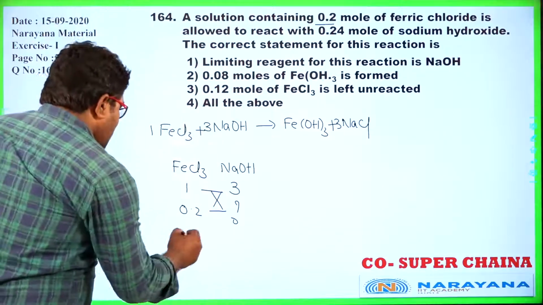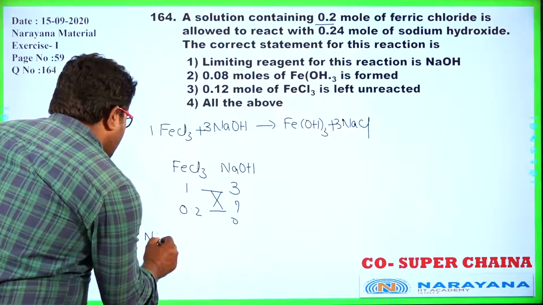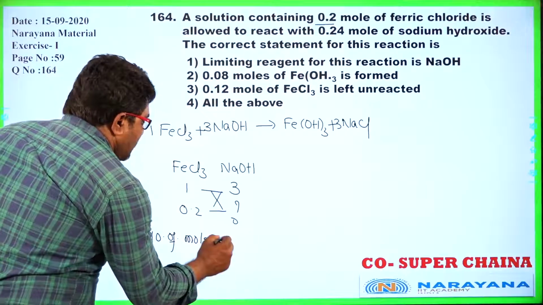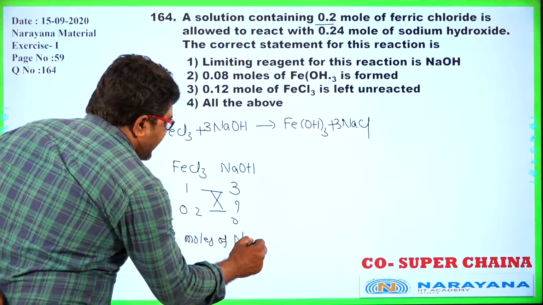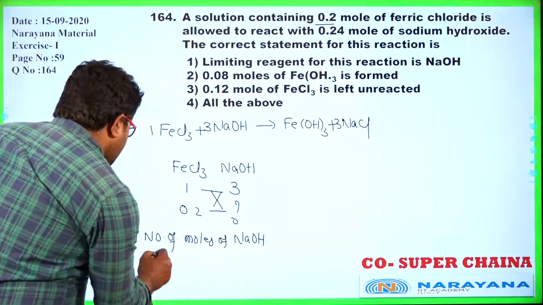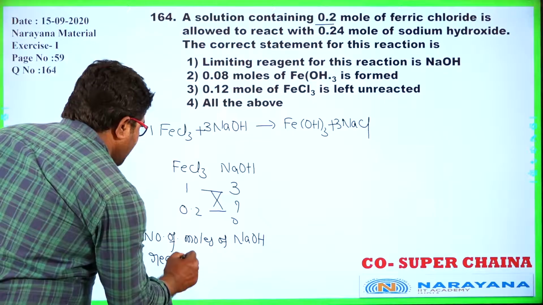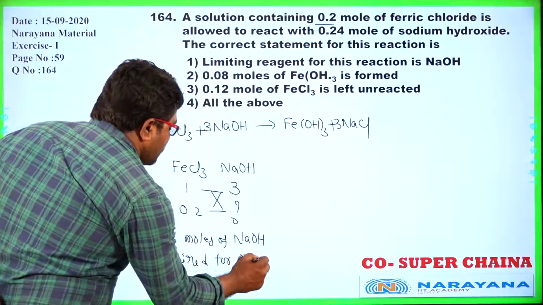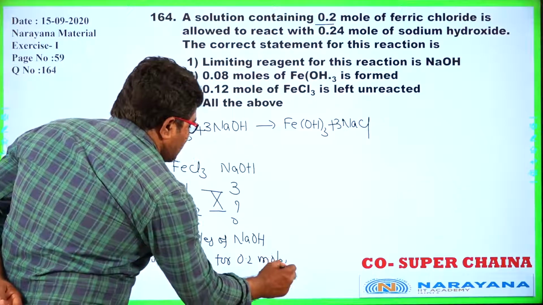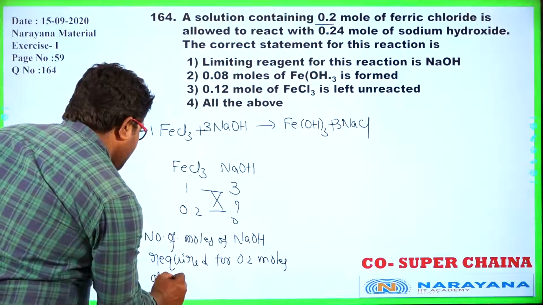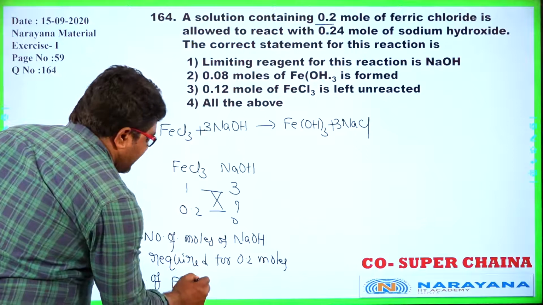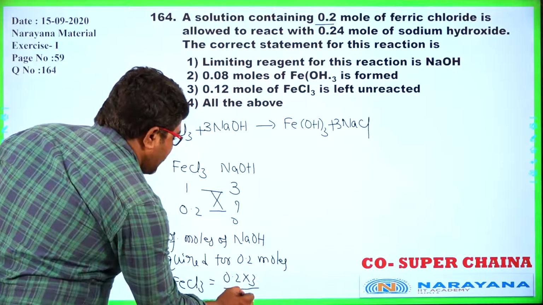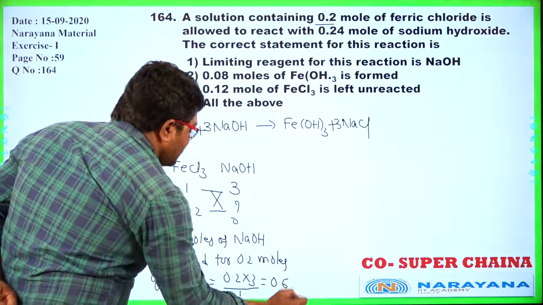So the number of moles of NaOH required for 0.2 moles of FeCl3 is equal to 0.2 into 3 by 1, that is equal to 0.6.